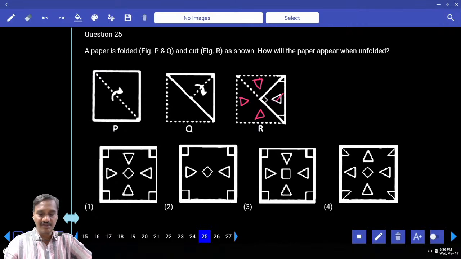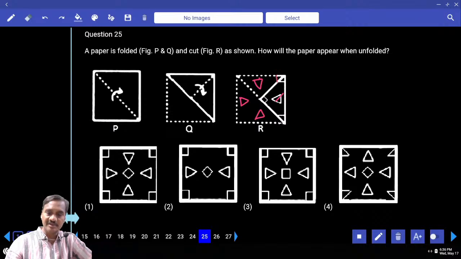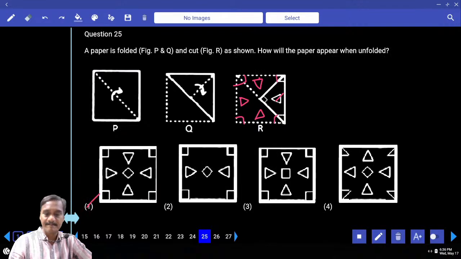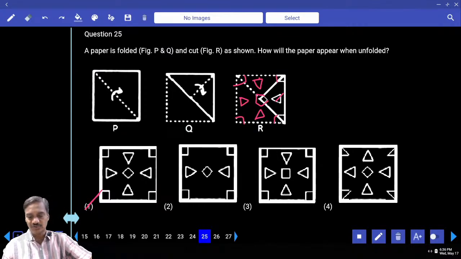So how will it look? Now these four must be here at the same time. What happens to this line? Here it will be double, and again by the time it comes here this will be double, and so on. Done with this? Then what is the choice we have? Choice 1. And in the middle, what happens here? 4 times it must be added. Clear? And this is about question number 25, choice 1.